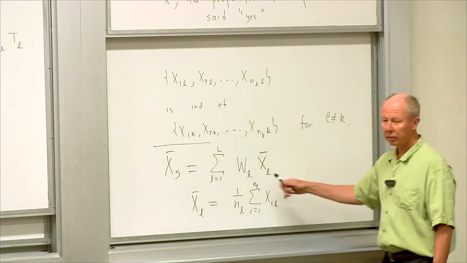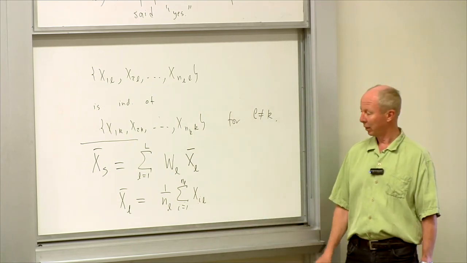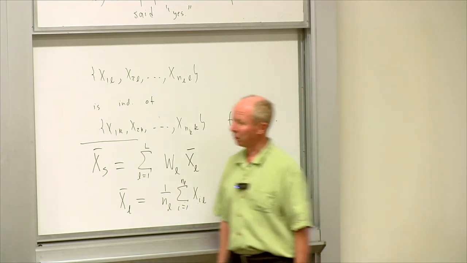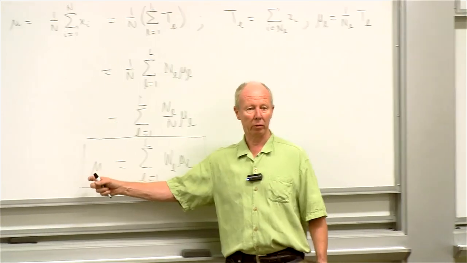We add up all the samples from the Lth strata, divide by the number of samples in the Lth strata. That's an estimator for mu L. We insert it in here. That'll give us an estimator for mu.